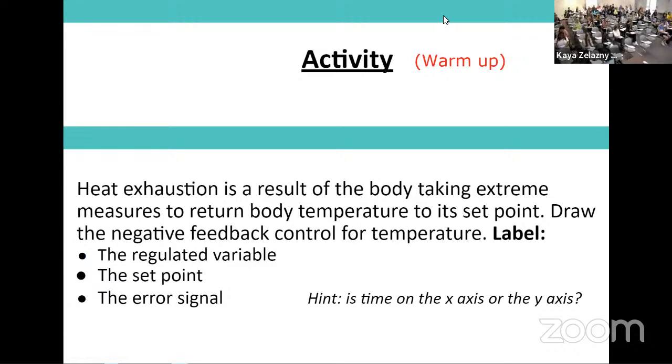During heat exhaustion, this is an issue with the body's thermal regulation, so we end up using a lot of extreme measures to regulate the temperature. So you're going to just draw how temperature control should work. You're going to draw a negative feedback control system for our regulated variable, set point, and show the error signal.